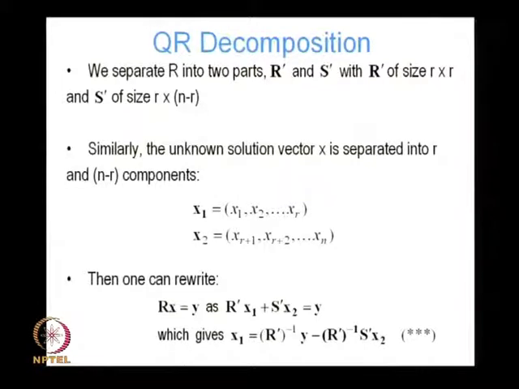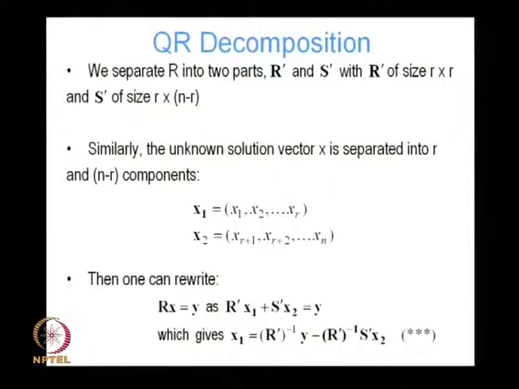Similarly, the unknown solution vector x is separated into r and n minus r components. We separate out the first r components of x as x1 and the r plus 1 to the nth components as x2.